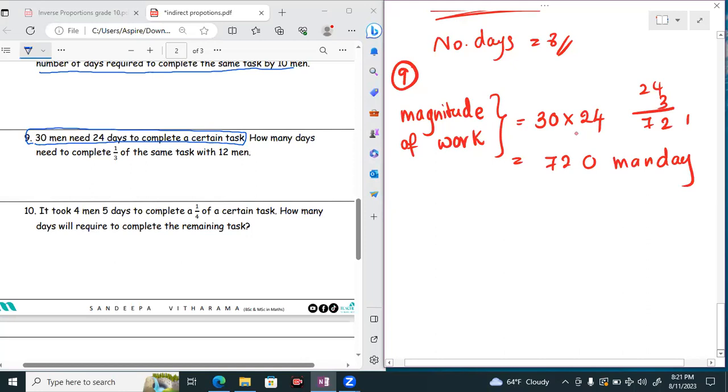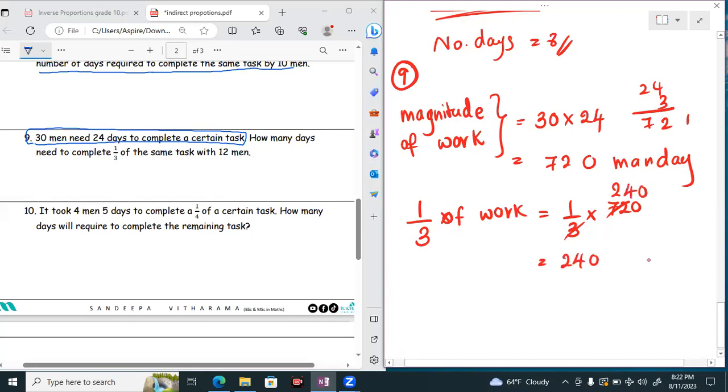Okay? Then how many days need to complete 1/3 of the same task? Then first of all, check what is the 1/3 of work. 1/3 of work is 1/3 multiplied by 720, then it is 240 man days.